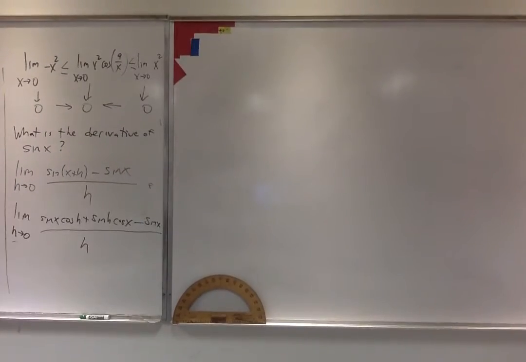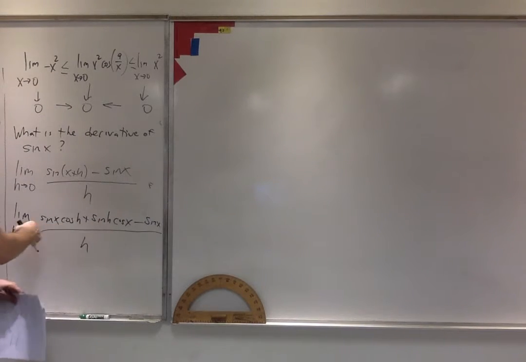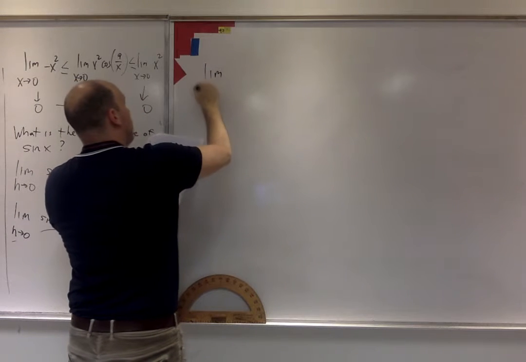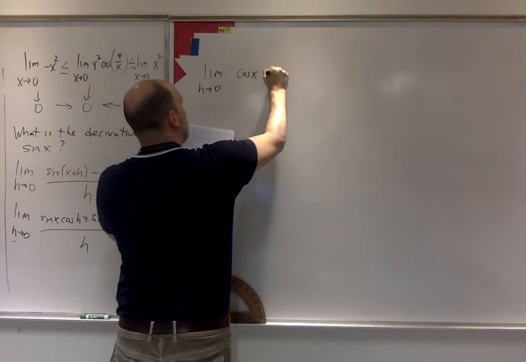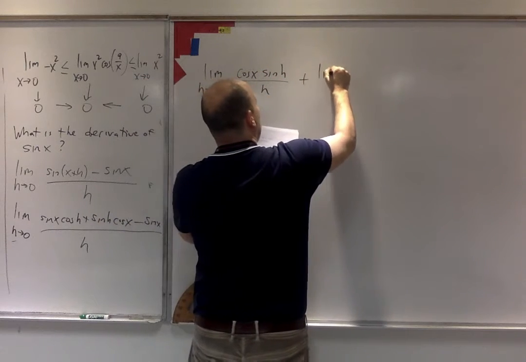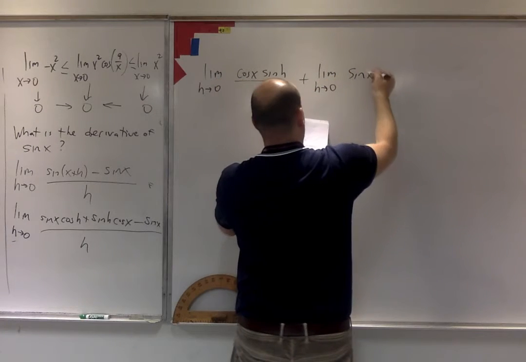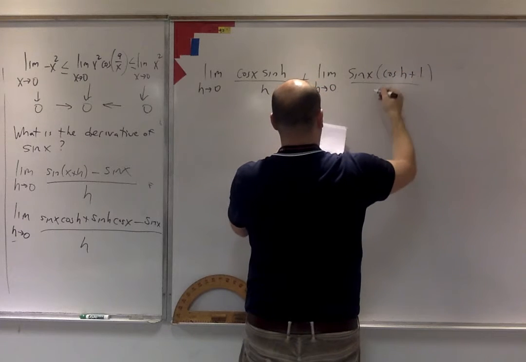Let's continue. What I'm going to do is split these up into the limit as h approaches 0 of cosine of x sine of h over h plus the limit as h approaches 0 of sine of x times cosine of h minus 1 over h.